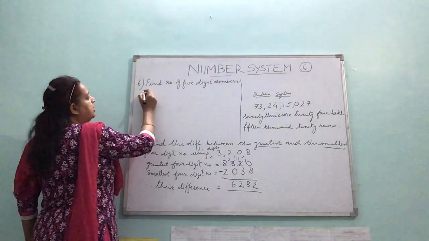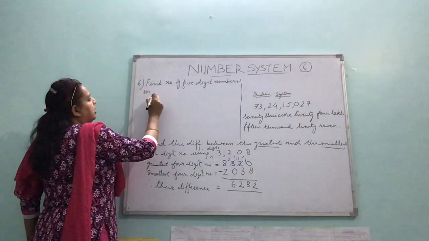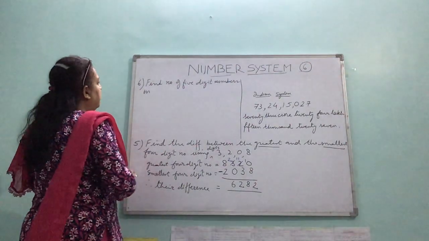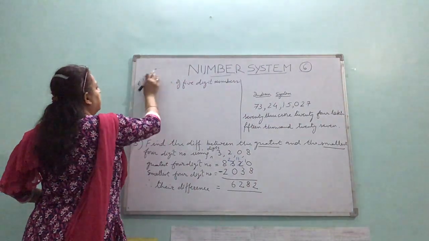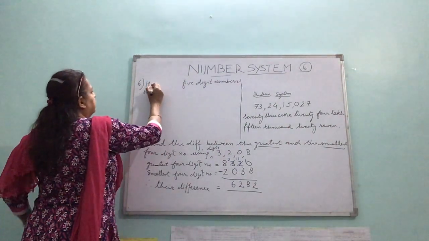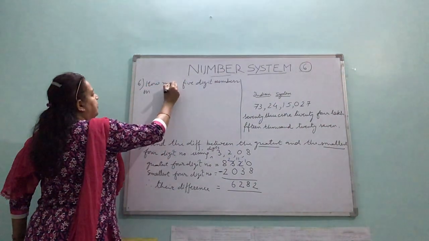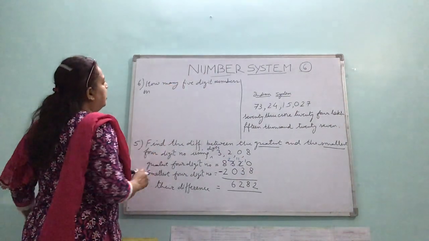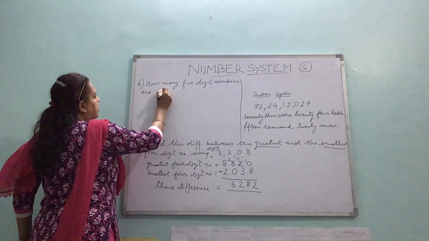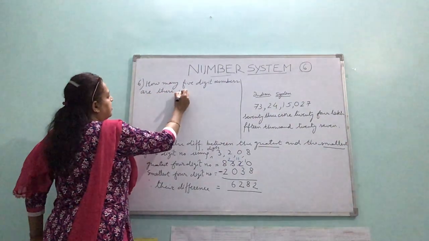Find the number of 5-digit numbers, or make it like this. How many 5-digit numbers are there in the number system?